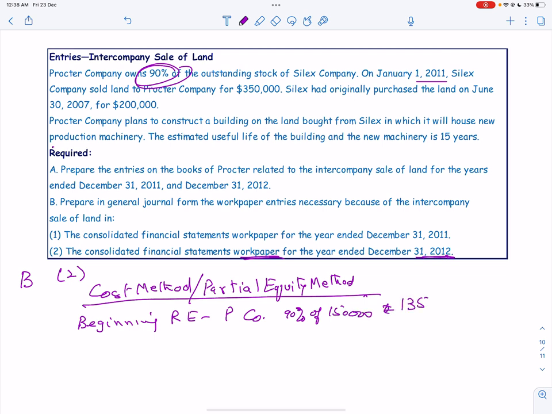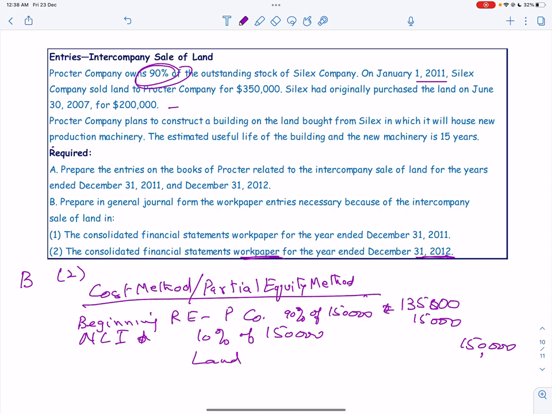It is debited by 135,000, and non-controlling interest will be debited by 10% of the gain of 150,000, so that is 15,000, and land will be credited by 150,000 because it is overstated by a gain of 150,000.